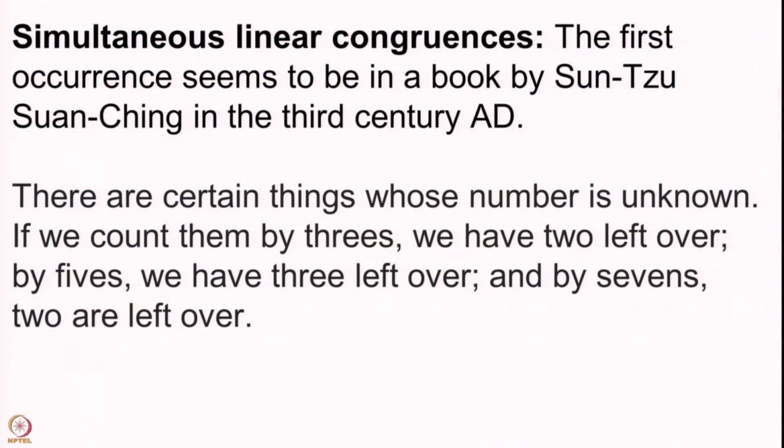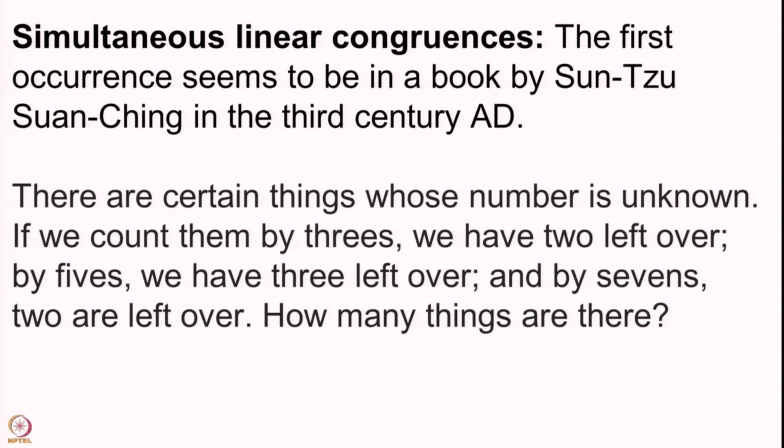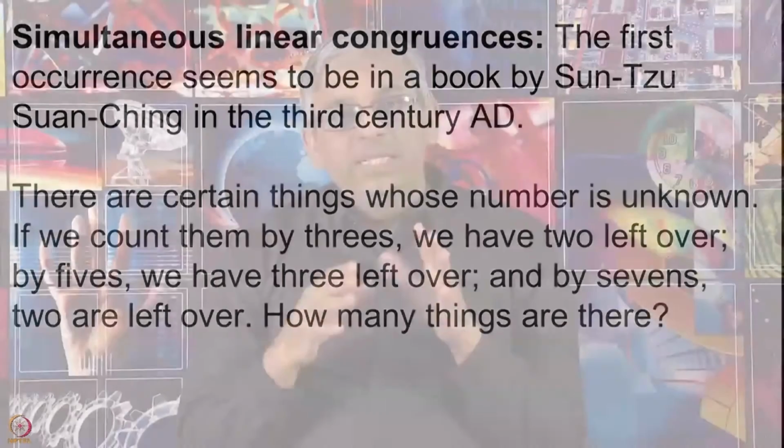That means when you try to partition n in groups of 7s, after having separated some groups of 7s, 2 things will be left over. So, n is a multiple of 7 plus 2, or n is congruent to 2 mod 7. Then Sun Tzu asks, how many things are there? So, this is the problem that is pretty well defined.